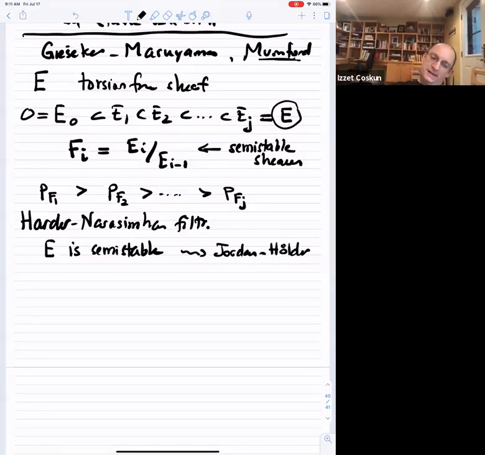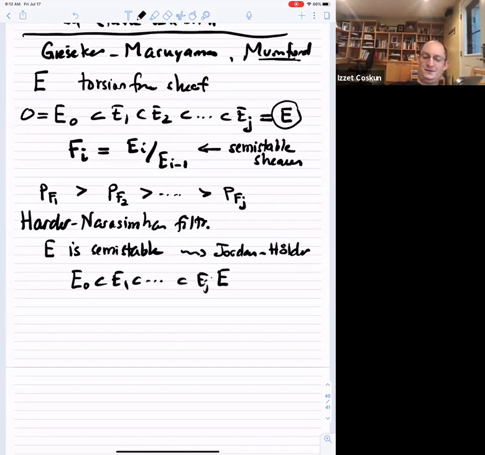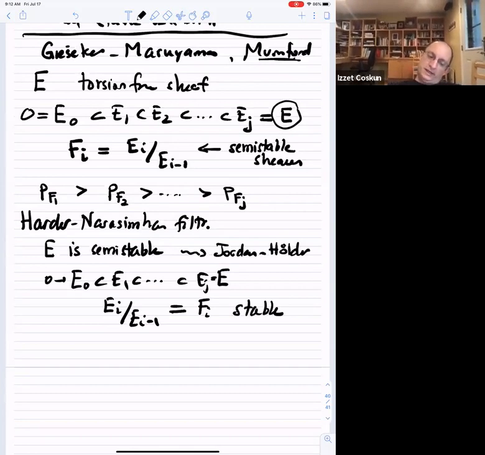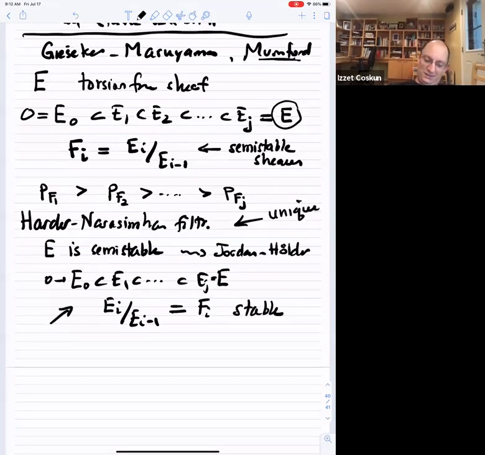What that means is that you can factor this E, with the property that now these factors are actually stable, not just semi-stable, but stable. This filtration is not unique. So this one is unique. This is not unique.